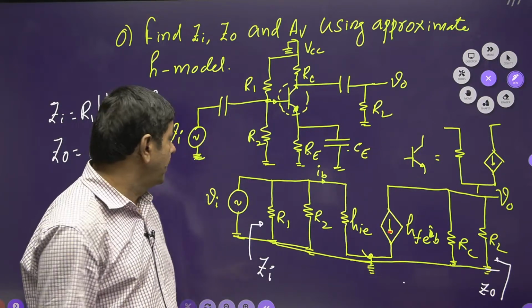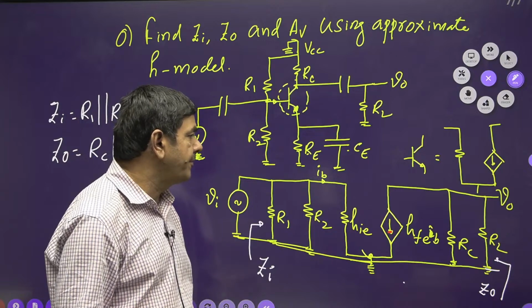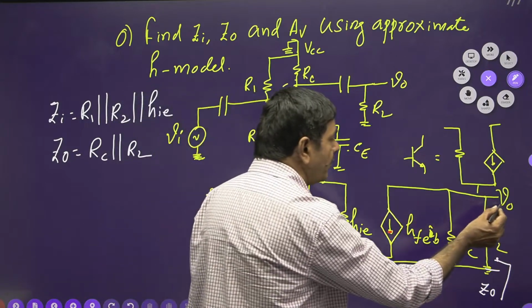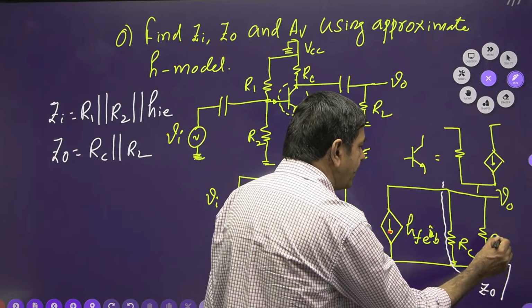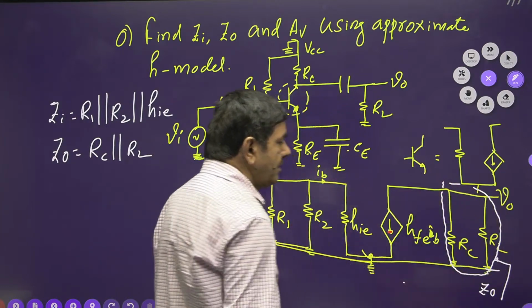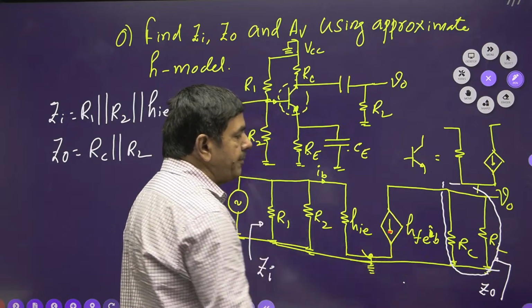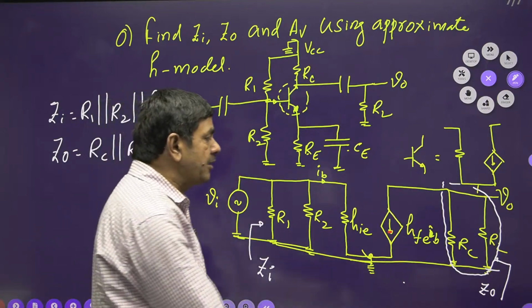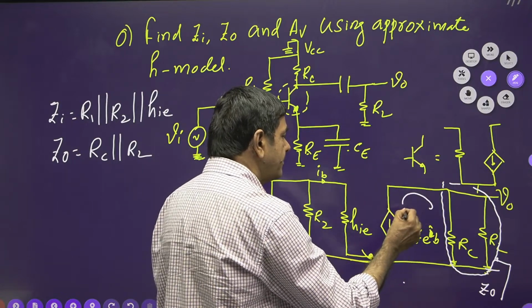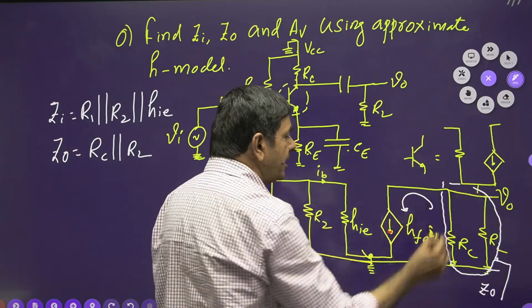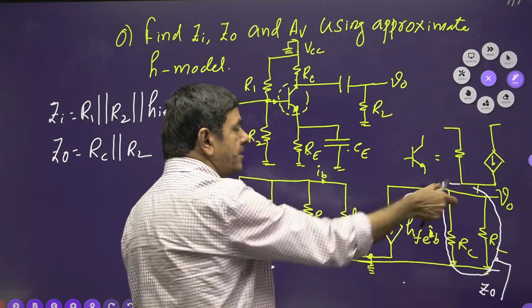But what about the voltage gain? If you want to find the voltage gain, initially, this total resistance is nothing but Z0, which I have taken already. hFE into IB is the current passing through the Z0 on this side. The V0 is nothing but the voltage across the Z0.